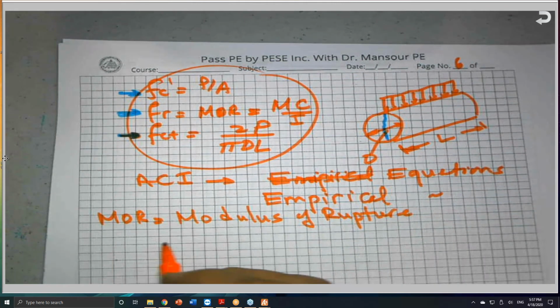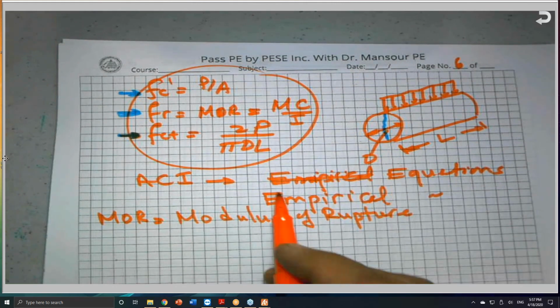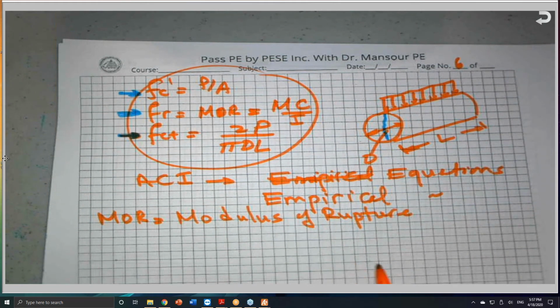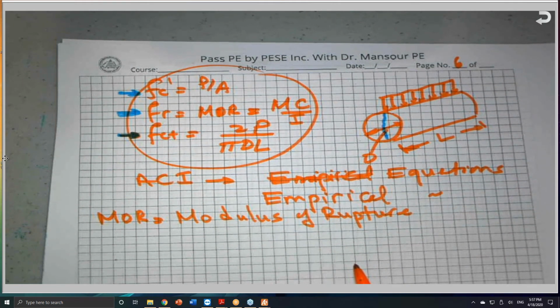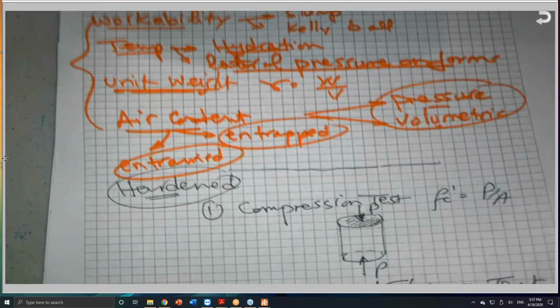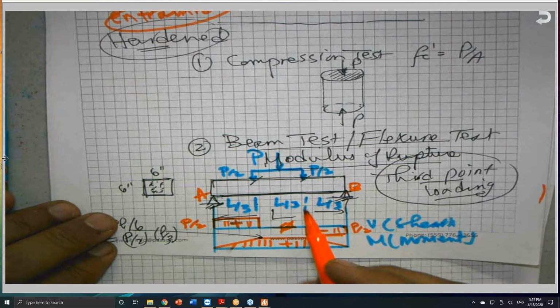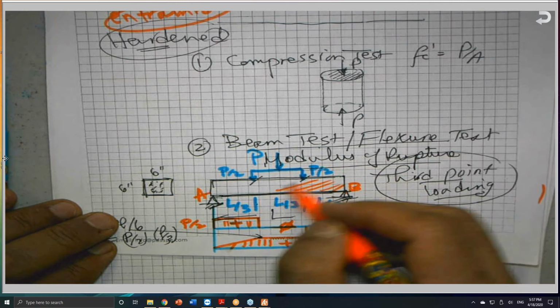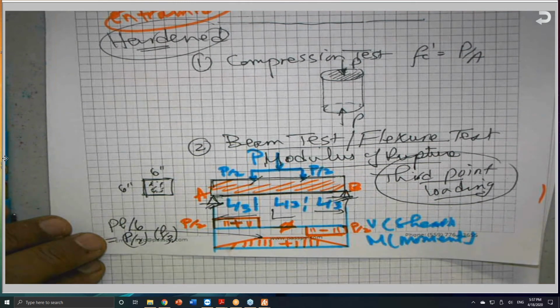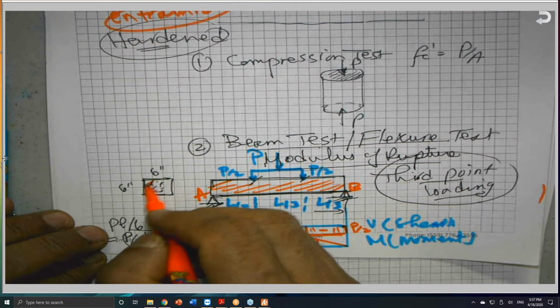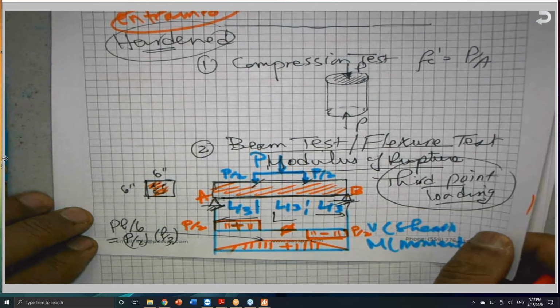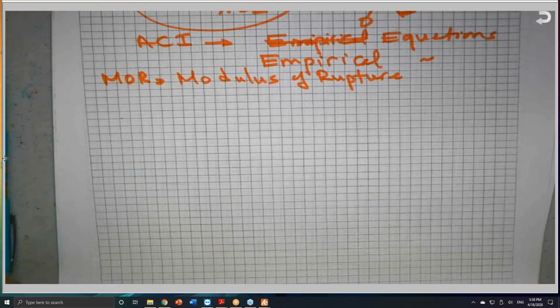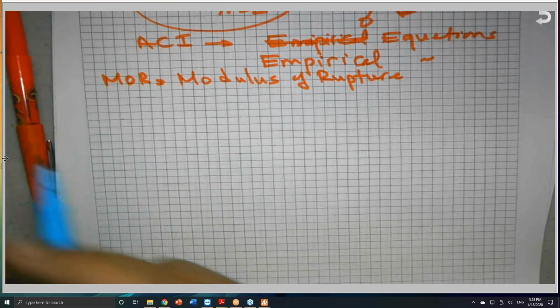So they are saying that if I don't have the capability of testing the concrete in the beam form, I don't have the tools or the equipment in the field to do this test, can we estimate the modulus of rupture from the compressive strength? So they did a lot of testing and they came up with these empirical formulas.